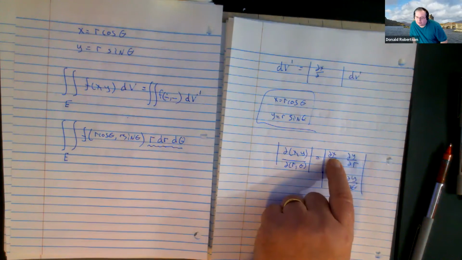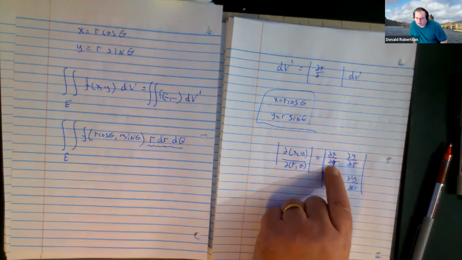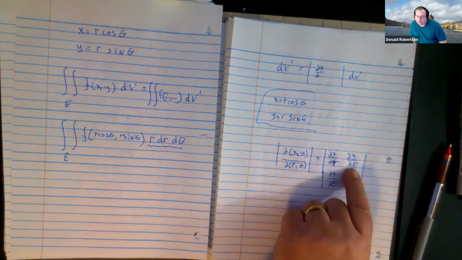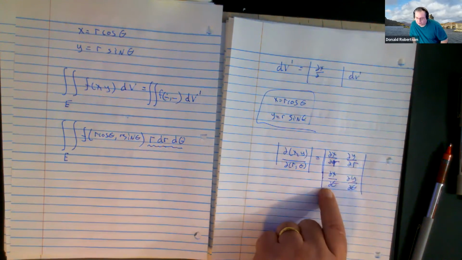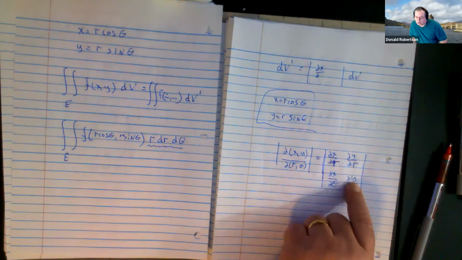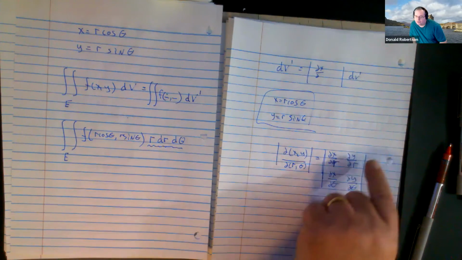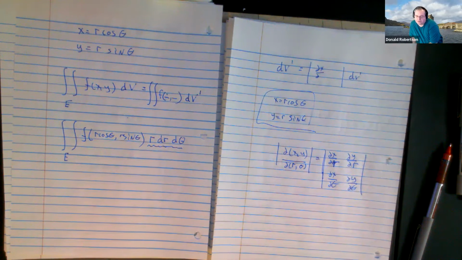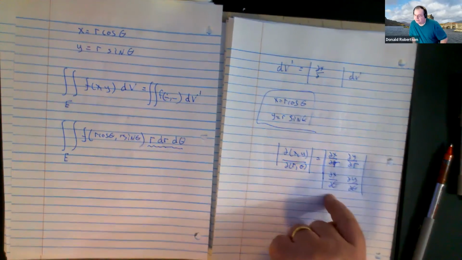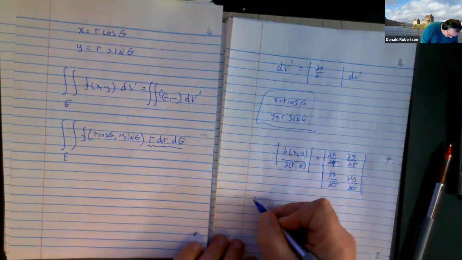So you do the derivative of x with respect to r, the derivative of y with respect to r, then x with respect to theta and y with respect to theta. And those two vertical lines are not just cosmetic. Any of you done 2 by 2 matrices and had to find the determinant of them? That's what that is.